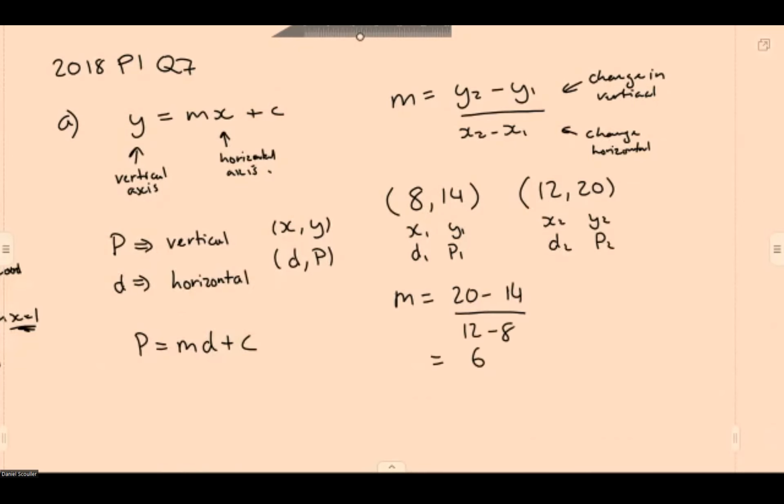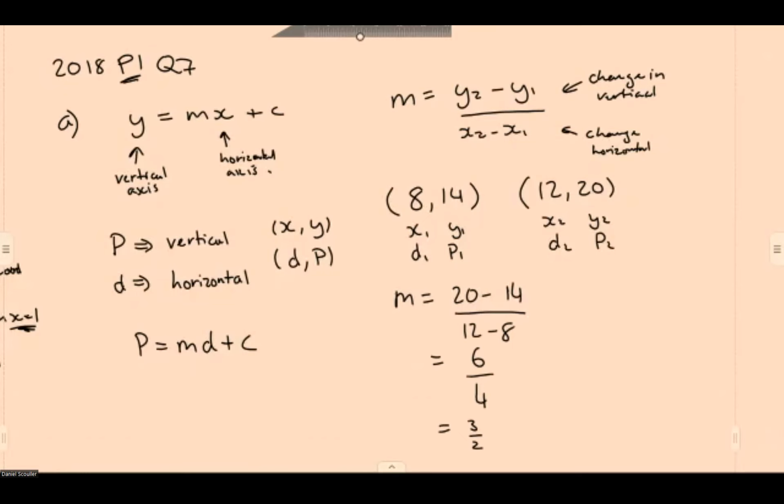So that's 6 over 4. Simplifying that as far as possible, 2 goes into 6 three times, and it goes into 4 twice. So our m value is 3 over 2. And that's perfectly reasonable, even in a non-calculator. Remember, paper 1 is non-calculator. A fraction like this is perfectly reasonable.